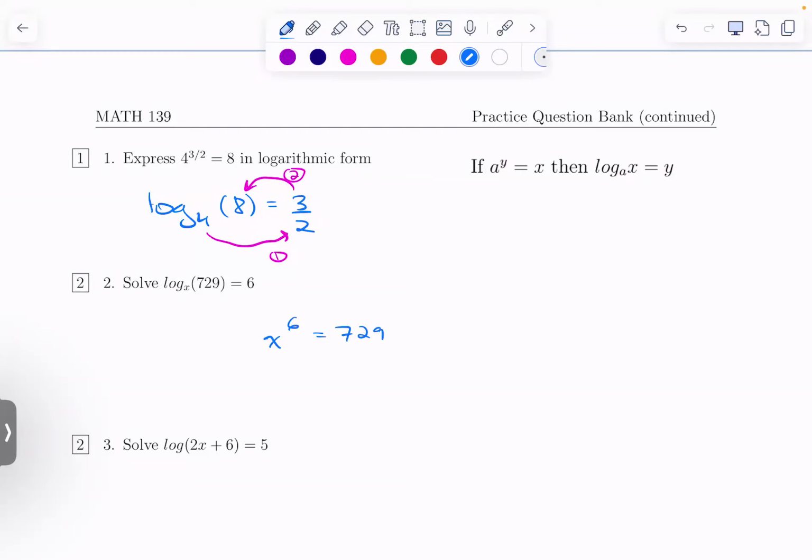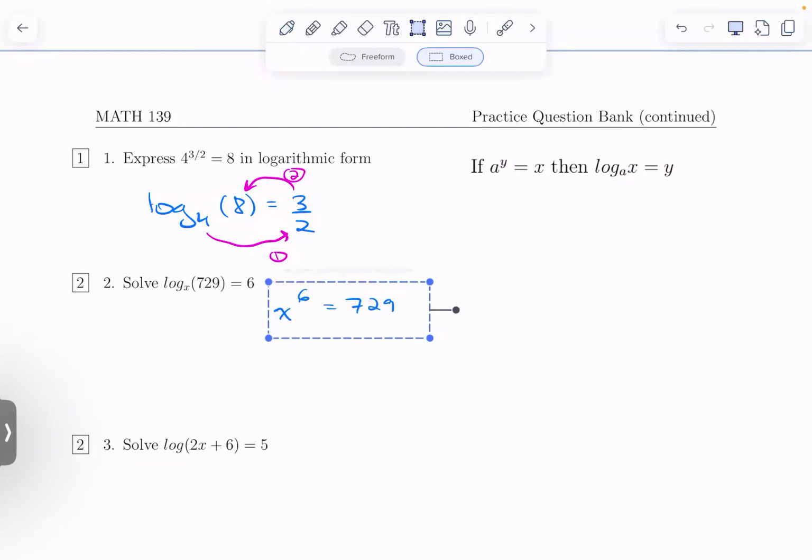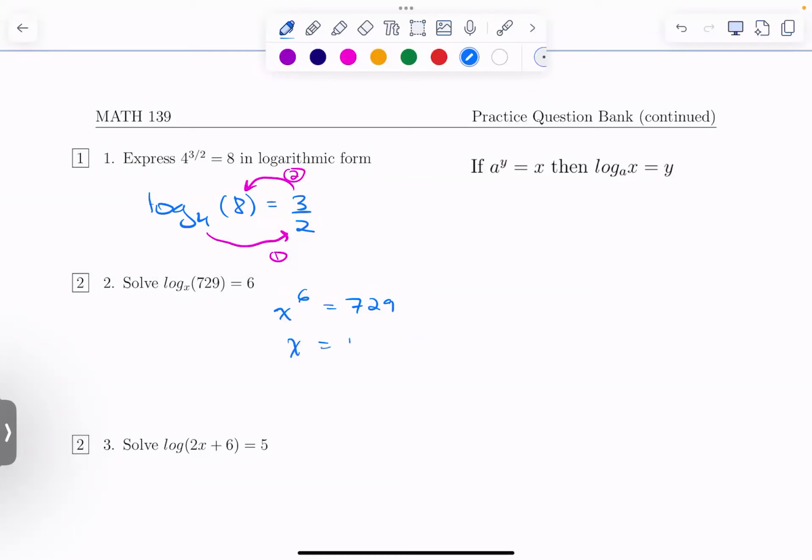I can undo that and get to the x by taking the 6th root. It's an even root though. So you add on the plus minus, 6th root of 729. Which I'm good if you leave it there, but I'm pretty sure I did it and it works out to 3, so that's kind of nice.